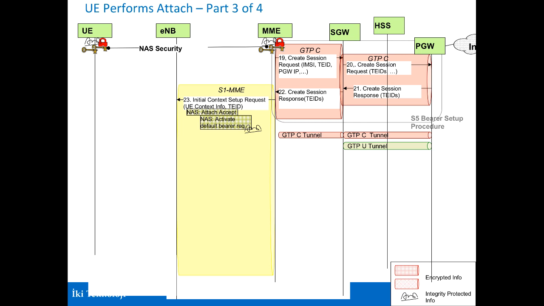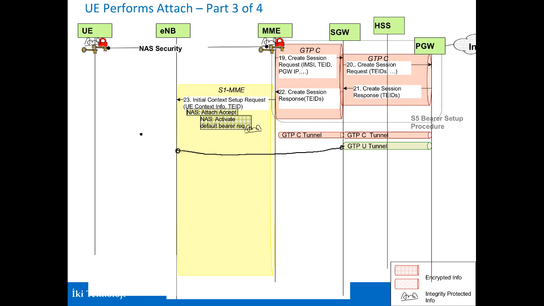Once this happens, the next part of it is setting up the radio channel and the data radio bearers and the S1U. So we still haven't set up this connection between the serving gateway and the E-Node B, and obviously we haven't set up anything for the data radio bearers.